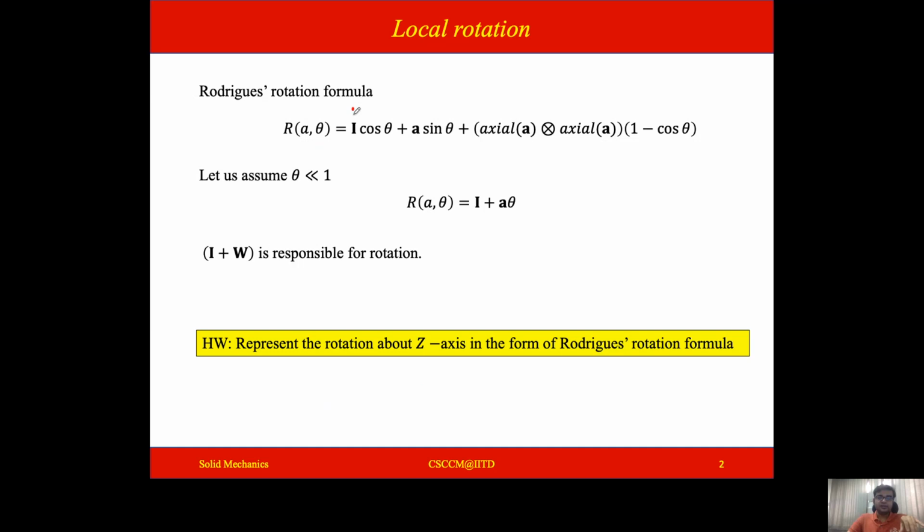Let me write it down here: I is the identity matrix, and A is a skew symmetric matrix.